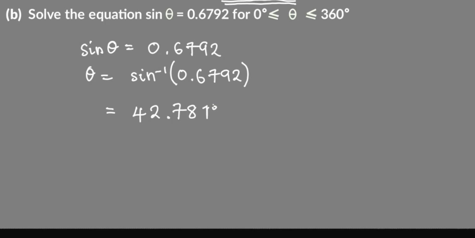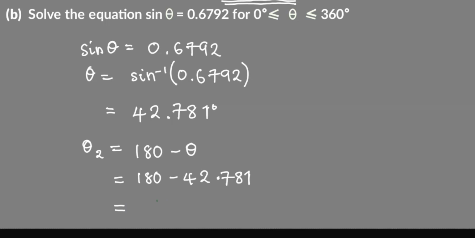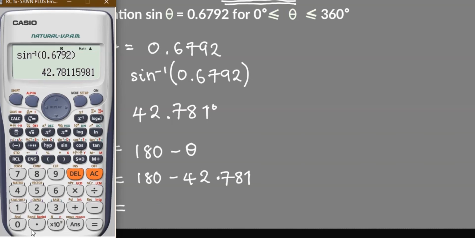Then we need to find the second theta. This is how you can write it if you want it to be in continuation. And then we can find the value of 180 minus 42.781, which is 137.219.